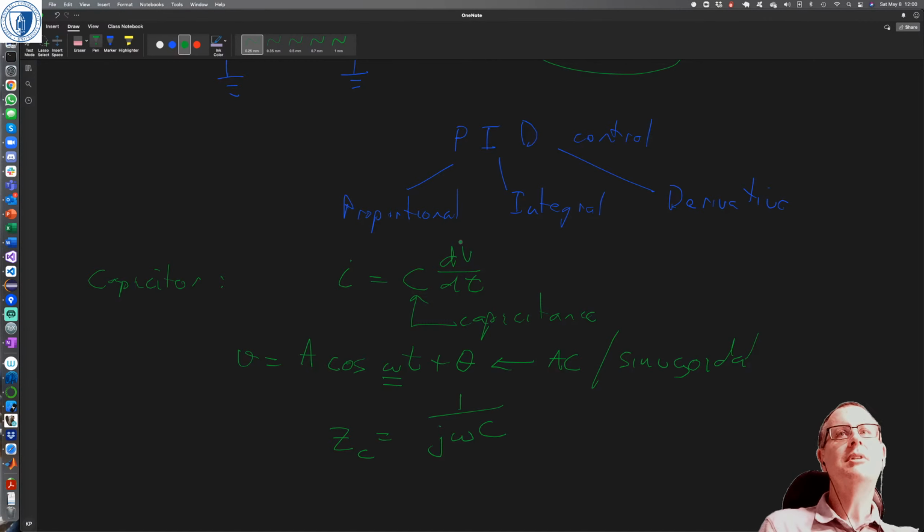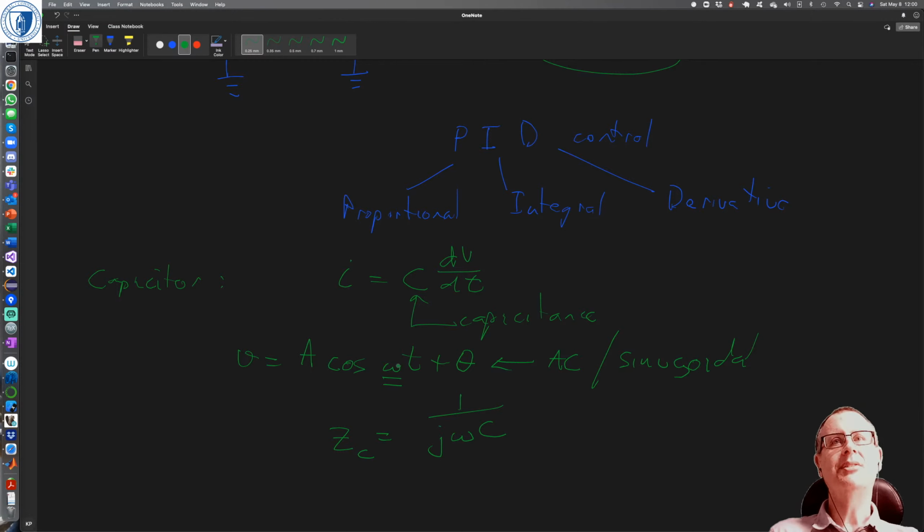Because of that derivative relationship, we get an omega out the front when we find the current, and then when we divide the voltage by the current to get the impedance, we get a 1 on j omega C relationship, provided we work with the voltages and currents as phasors rather than just as time signals like I've written them here.